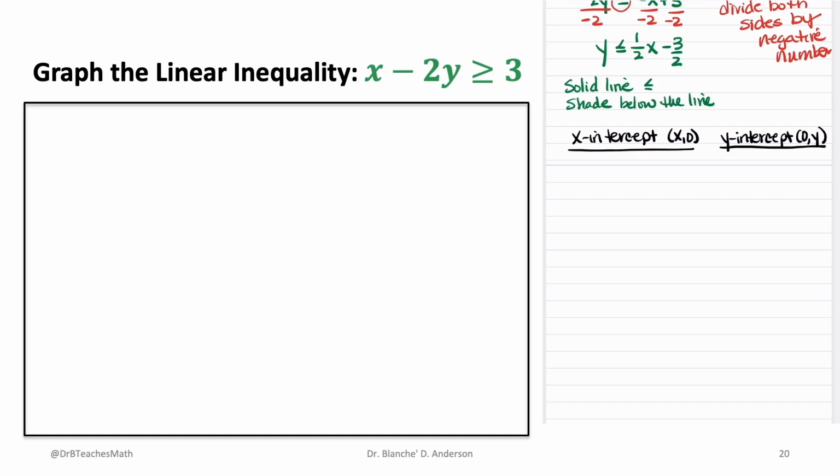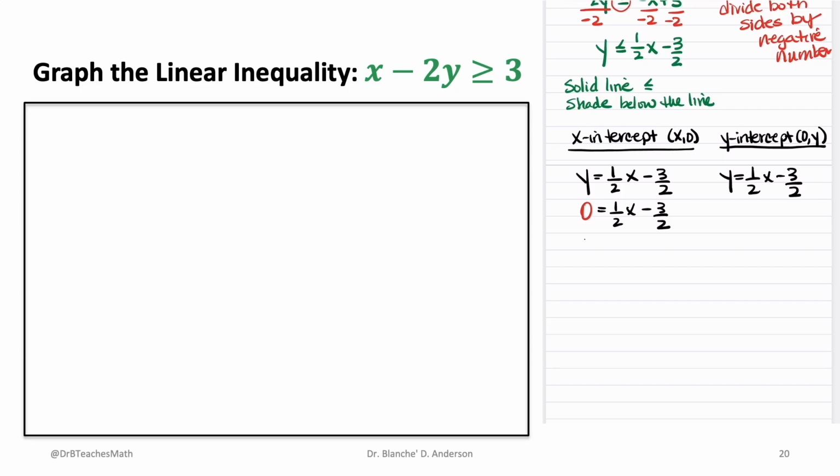All right, so I'm going to take this and just write it as a regular equation so that we can find it. Y equals 1/2 x minus 3/2. So on this particular side, y is going to be 0. So I have 0 equals 1/2 x minus 3/2, right?